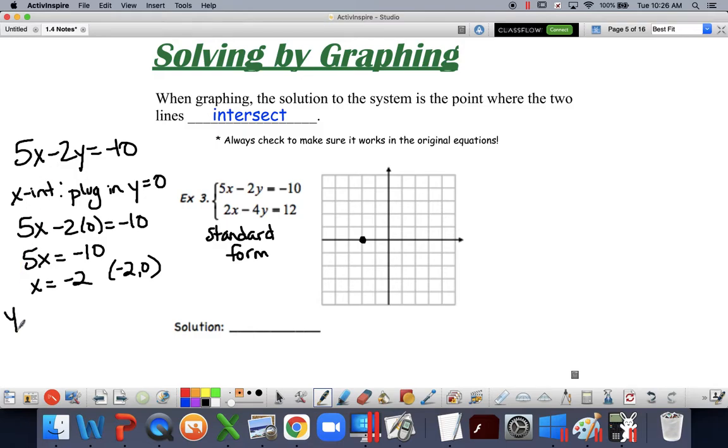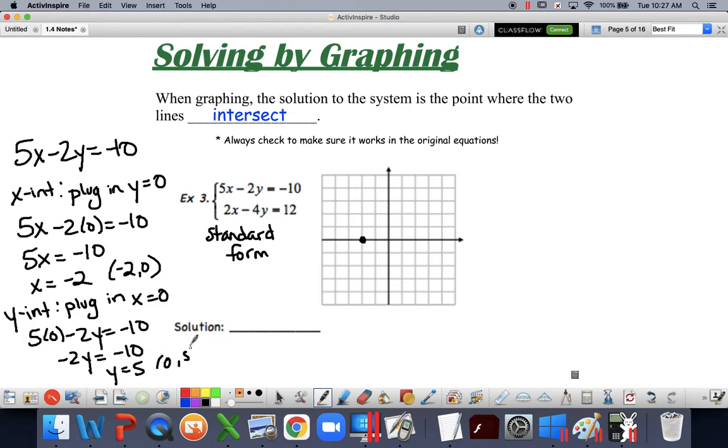Now for my y-intercept, I do a similar strategy, but this time I'm going to be plugging in x equals 0. So I get 0, 5 is my y-intercept.